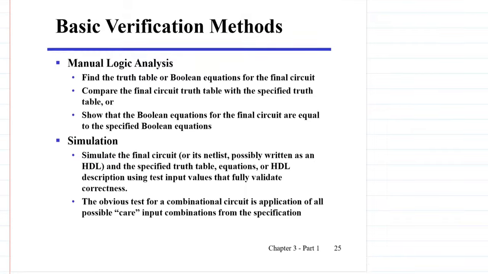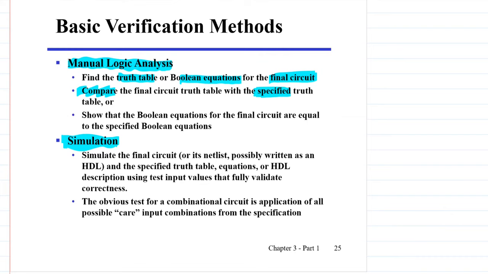As for the verification methods, we have two basic approaches. One is called manual logic analysis and the other one is simulation. When we deal with manual logic analysis, we need to find the truth table or the Boolean equations for the final circuit which is designed. You end up with the design, you find out the truth table or the Boolean equations for that circuit, and then compare that final circuit truth table with the specified one.